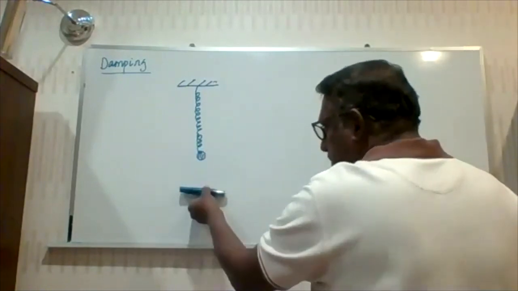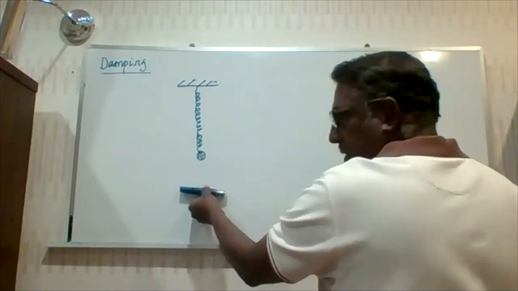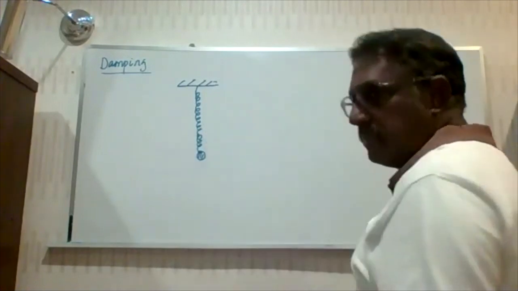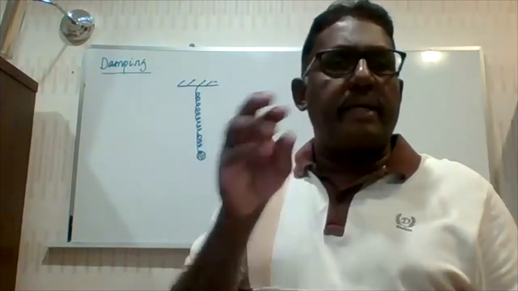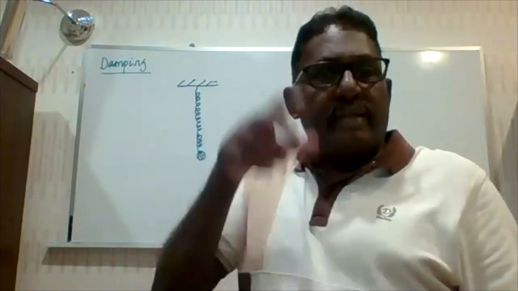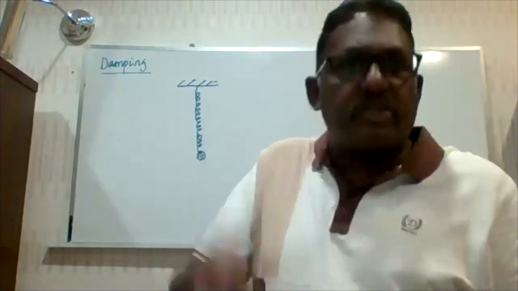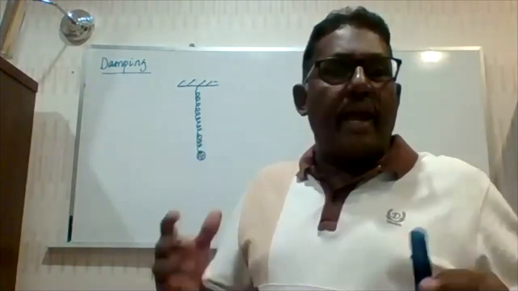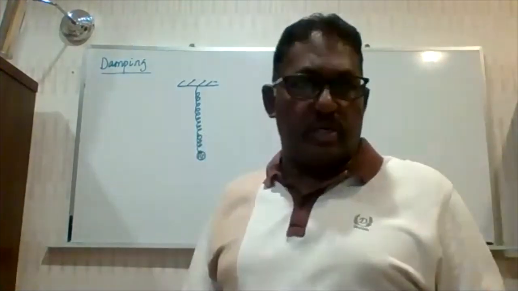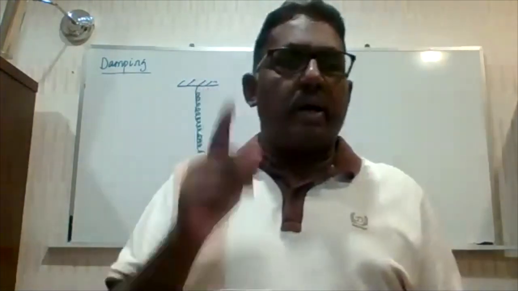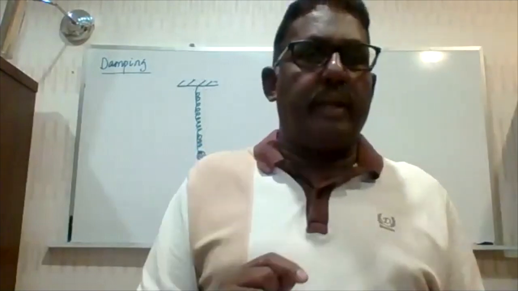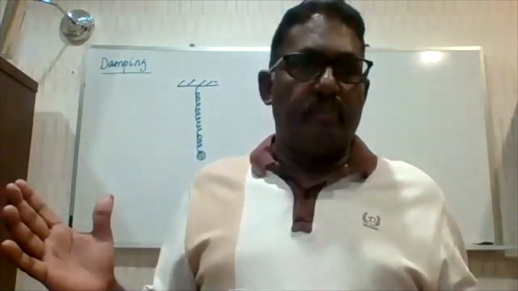By me displacing, I'm putting in energy. How? The spring is stretched. So when the spring is stretched, energy is supplied into the spring. With that energy, the spring causes the oscillation. So energy is needed for oscillation. So if an oscillating system stops, it is because the energy that you supplied was eventually lost.